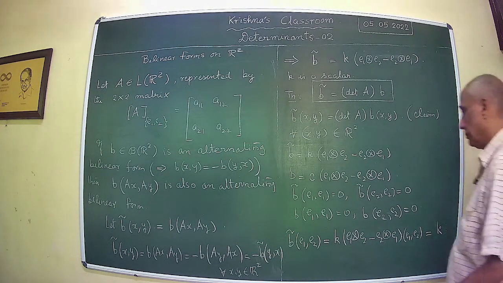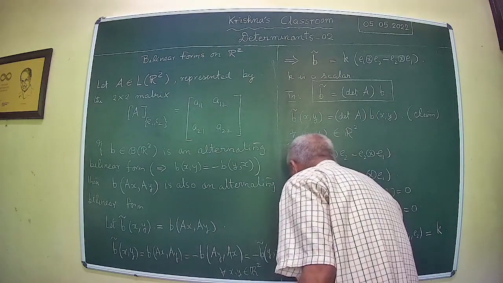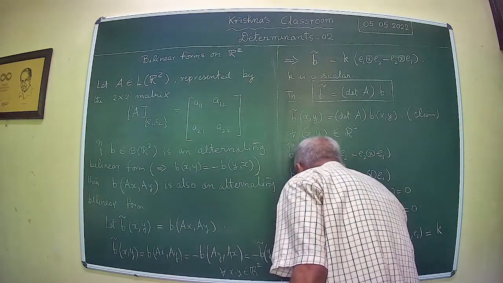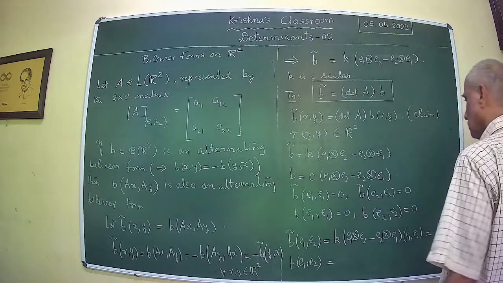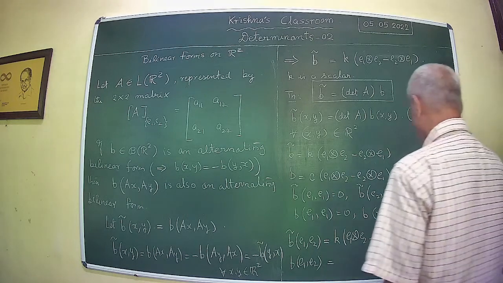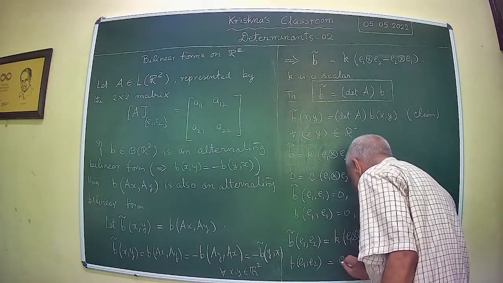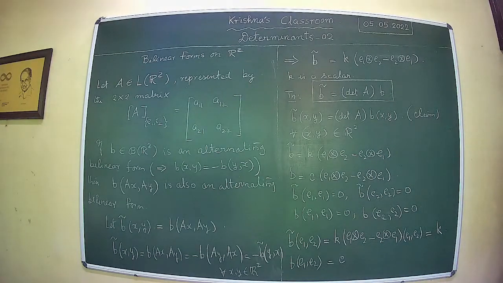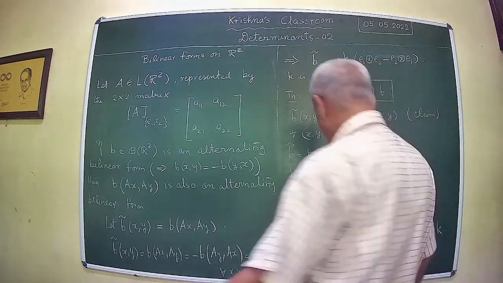Similarly, you have B of E1 E2 equal to C. Therefore, you have the following.